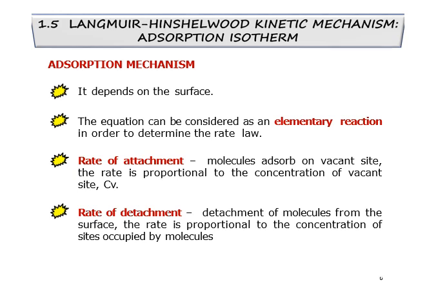Okay, for this slide, what are the assumptions that we can make for the adsorption mechanism? It depends on the surface. The equation can be considered as elementary in order to determine the rate of adsorption. So we assume there is a rate of attachment and also a rate of detachment.